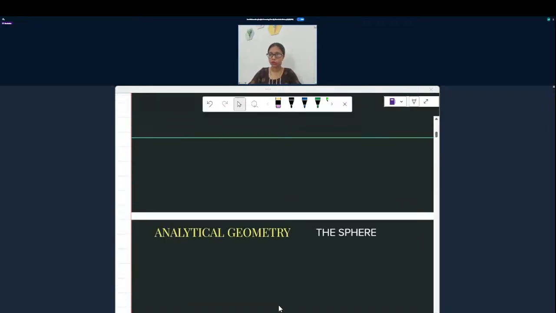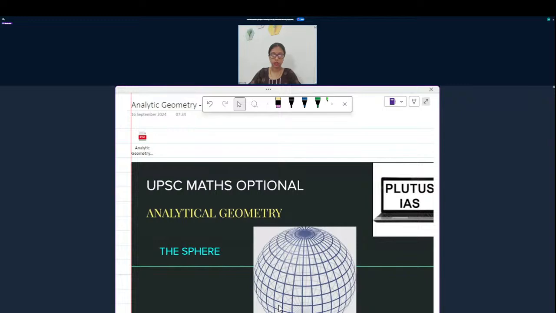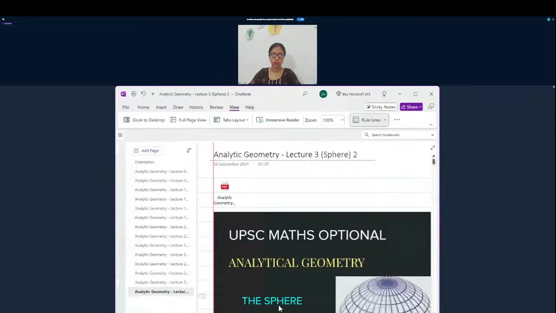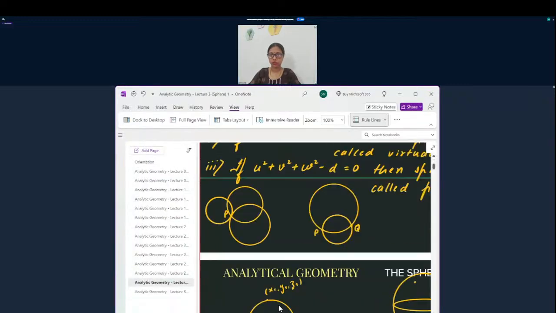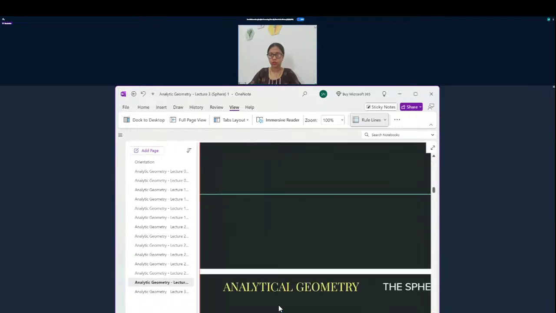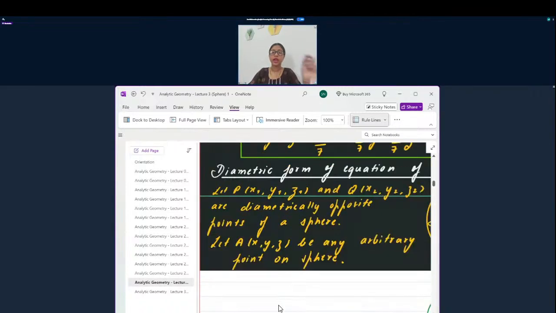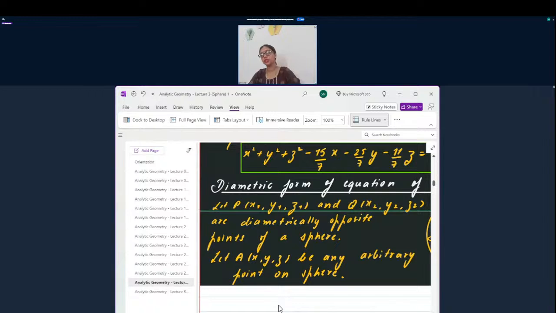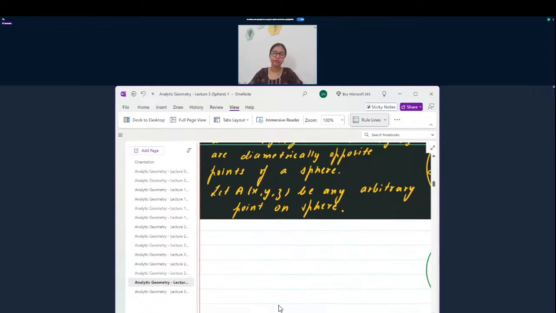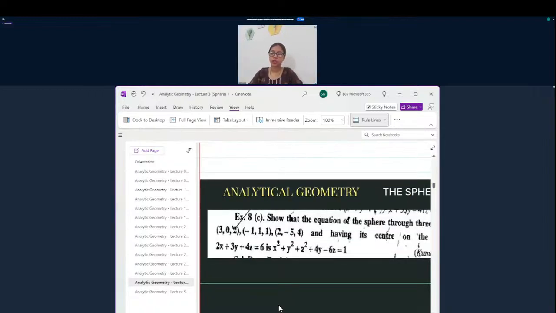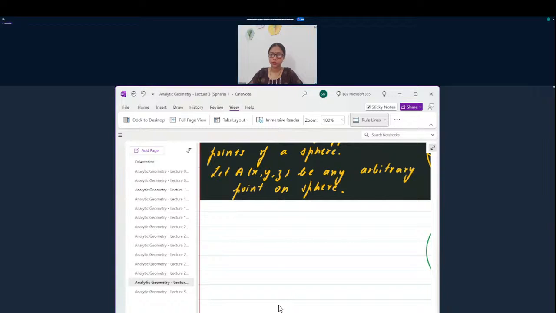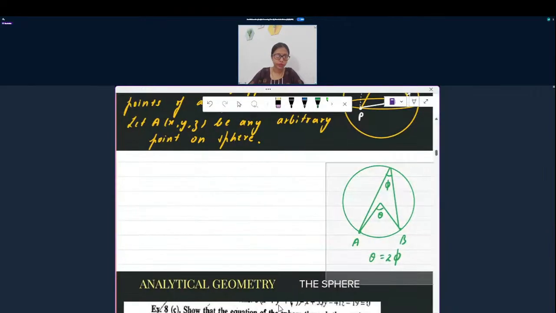I think we ended our discussion with a question here. Okay, the diametrical form of equation we were talking about. Yes. So in this form, beta, this was the theorem also we did.